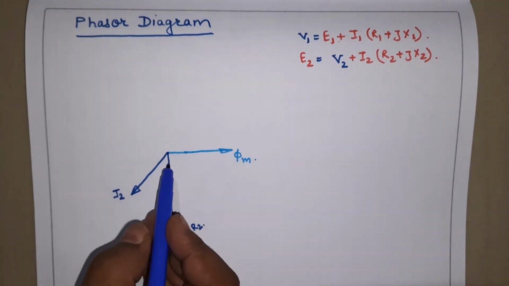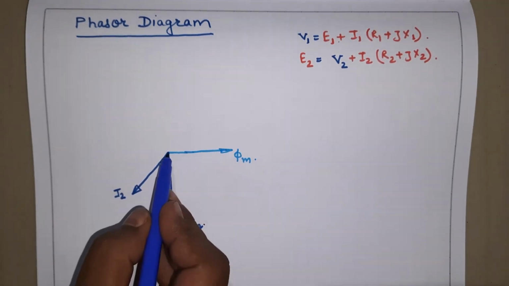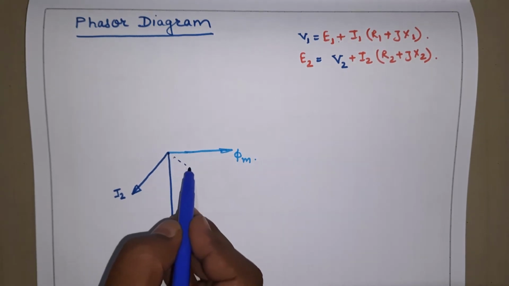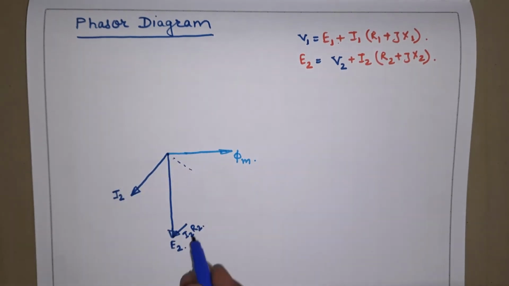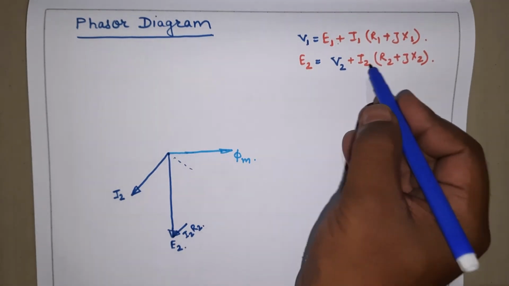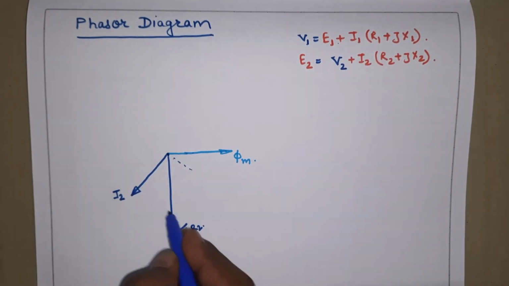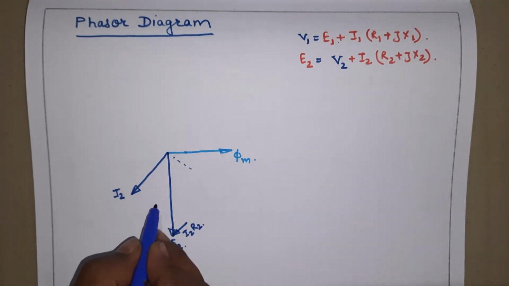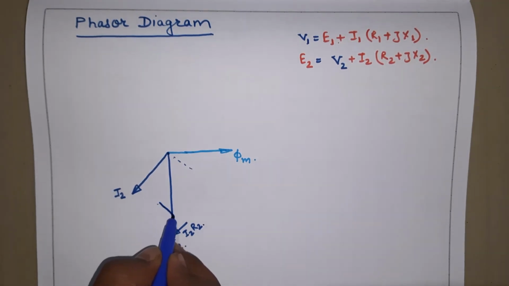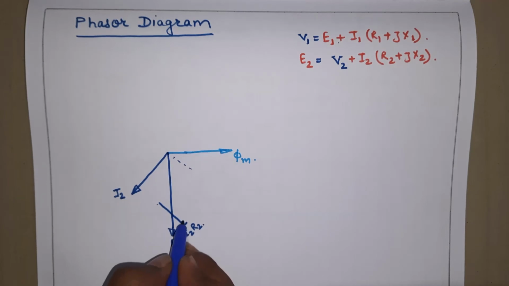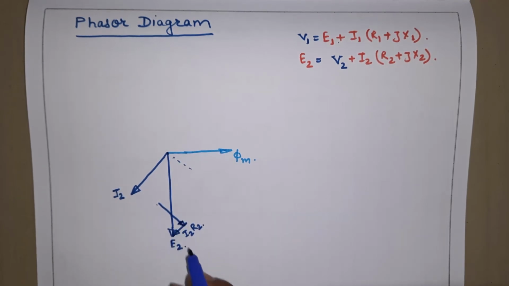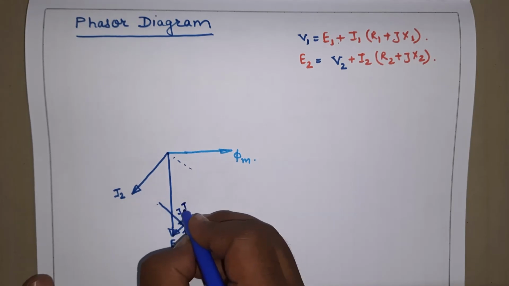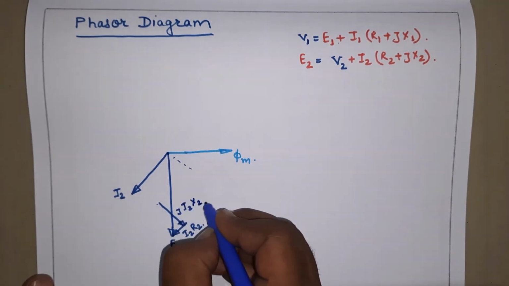That means it will be in this direction. So we will draw this voltage, that is I2 into jX2, over here. That is, this vector is jI2X2.